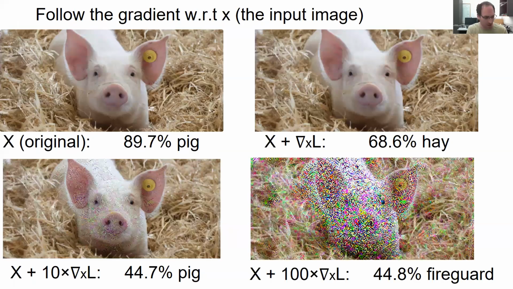So we're going to end with this subject of some cool stuff you can do with adversarial training. If you remember this example I've shown of following the gradient with respect to the loss with the pig, and then we got this image of a fire guard, more or less.